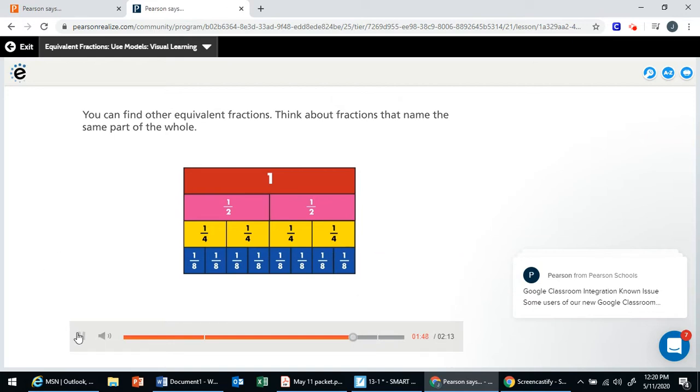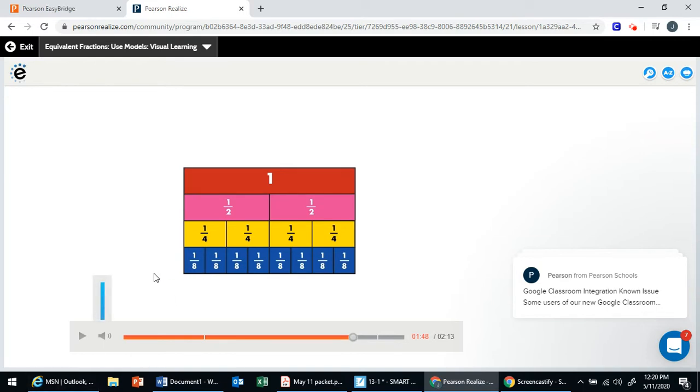Okay, so before we move into the try it section, I want you to now practice, and I'm going to walk you through this. So let's pretend that I wanted you to find a fraction that was equivalent to 2/8. That means if I put these two together for 2/8, can you name a fraction that is equivalent to 2/8?